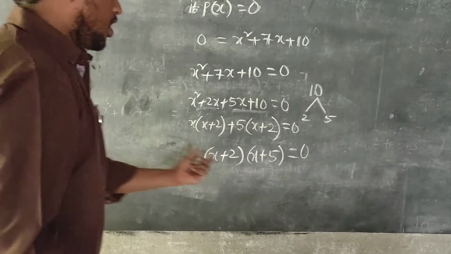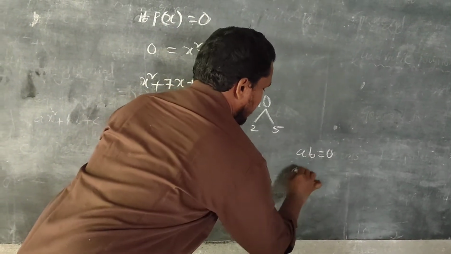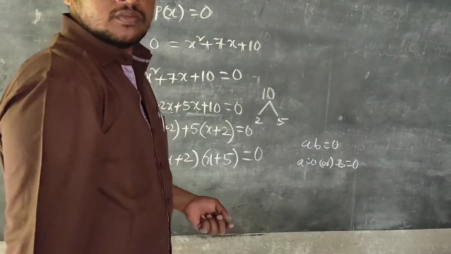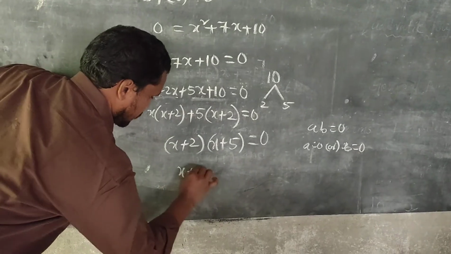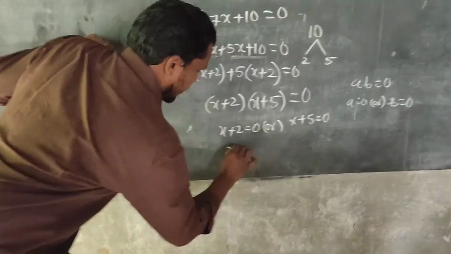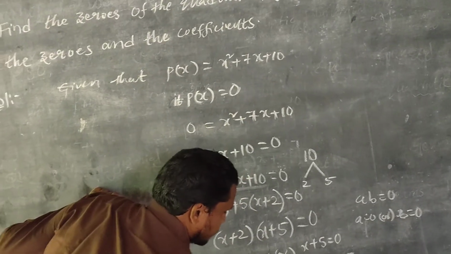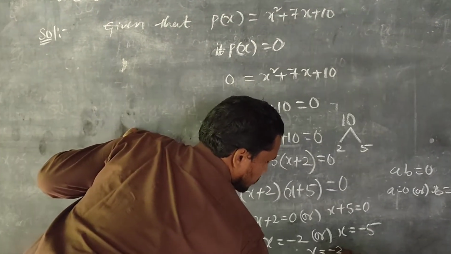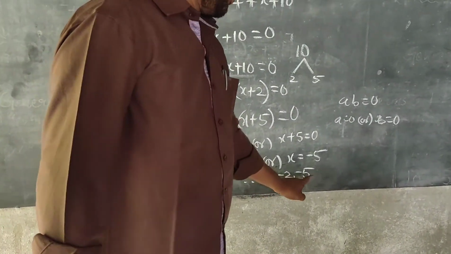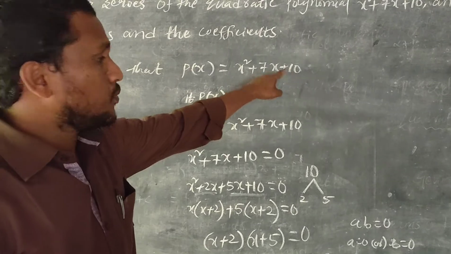If the product of any two values a into b is equal to 0, it can be written as a is equal to 0 or b is equal to 0. So write x plus 2 is equal to 0 or x plus 5 is equal to 0. That gives x is equal to minus 2 or x is equal to minus 5. So minus 2 and minus 5 are the zeros of the given polynomial x square plus 7x plus 10.